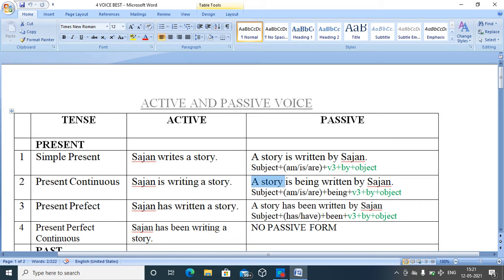Yes, it is story, it's going to be is. That is clear. But then, if it is just be3 plus by plus object, you will not be able to identify whether it is a continuous statement getting transformed into passive voice or whether it is an on-the-spot action which is transformed into passive form.